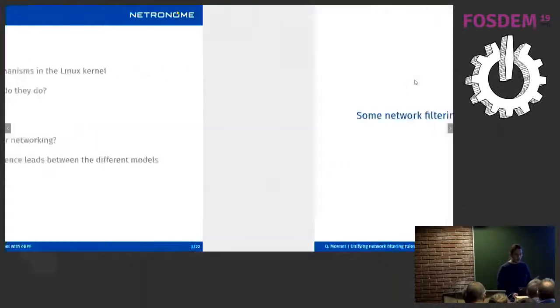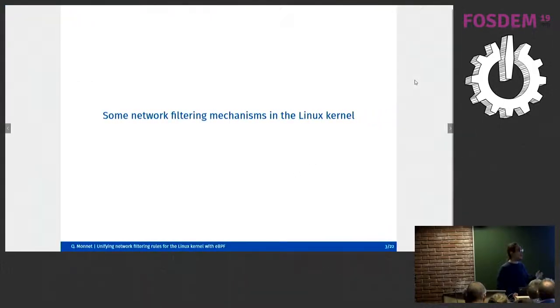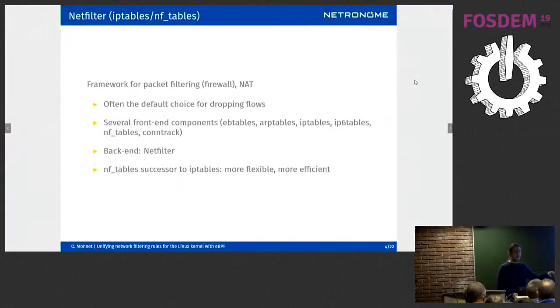So first thing is, what do we have on Linux if I want to filter my packets? Say I want to drop HTTP packets. First thing that comes to mind usually is iptables and ebtables, which is used for implementing a firewall on Linux. Well, the firewall itself is Netfilter in the kernel, and you have a variety of front ends from user space.